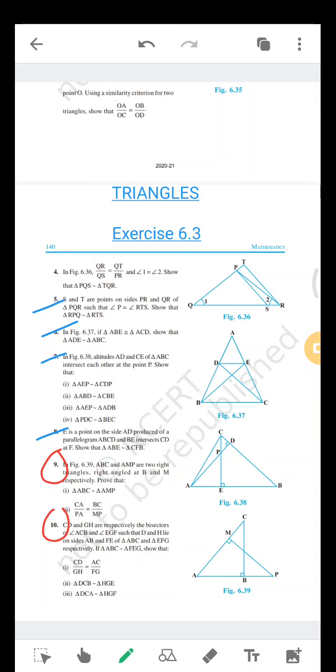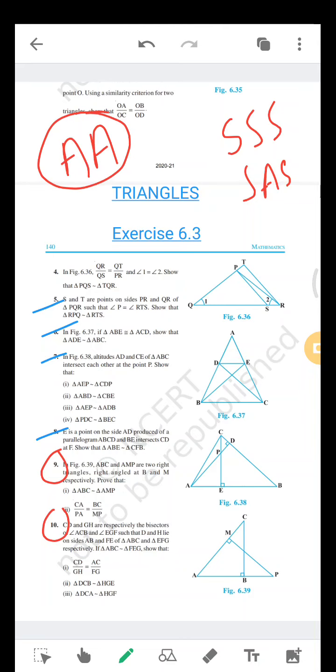So we hope you all remember that we are using similarity rules. There are three similarity rules, that is triple S, SAS and double AA similarity, and this AA is the mostly used similarity rule in this exercise.